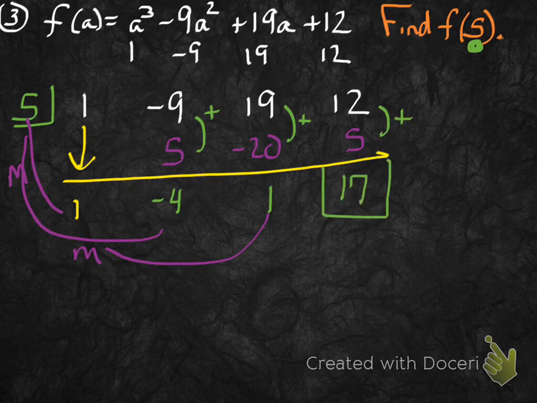When you're using the remainder theorem to find an answer, that answer is going to come from just the remainder. Whatever that number is the answer.